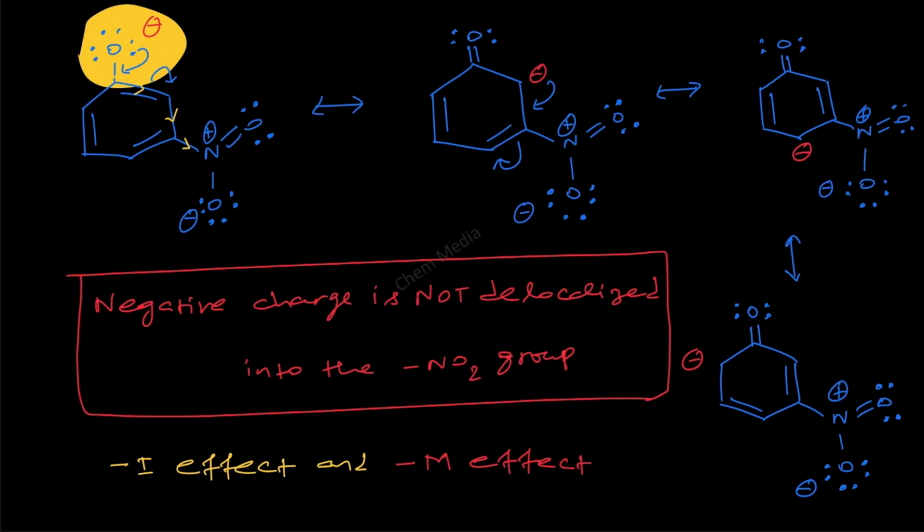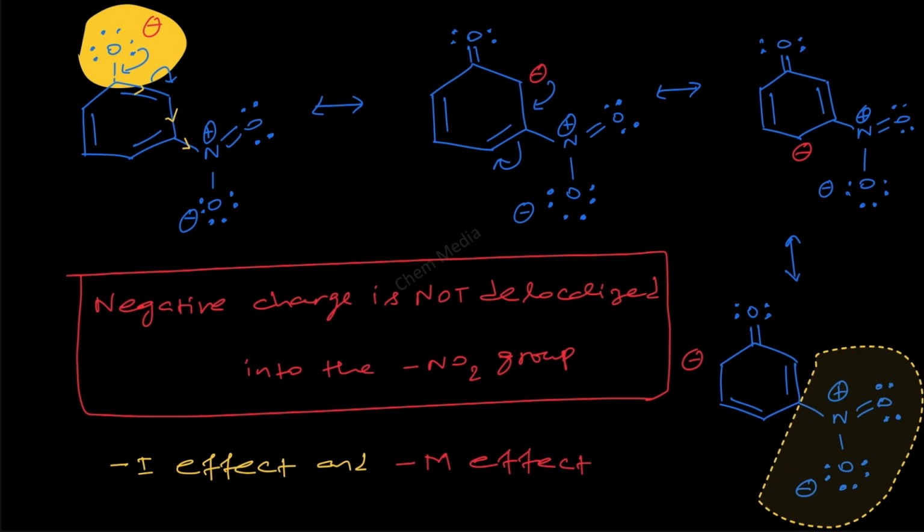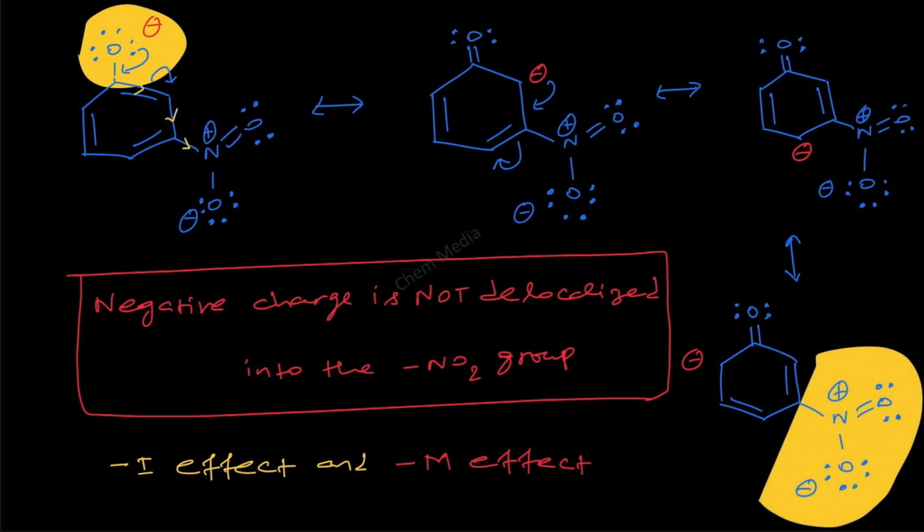So we do have a negative charge here because NO2 is a strong electron withdrawing group. It has negative mesomeric effect, but unlike paranitrophenol, here the negative charge is not distributed into the nitro group. That's the key difference. So therefore, compared to metanitrophenol, paranitrophenol is more stable.